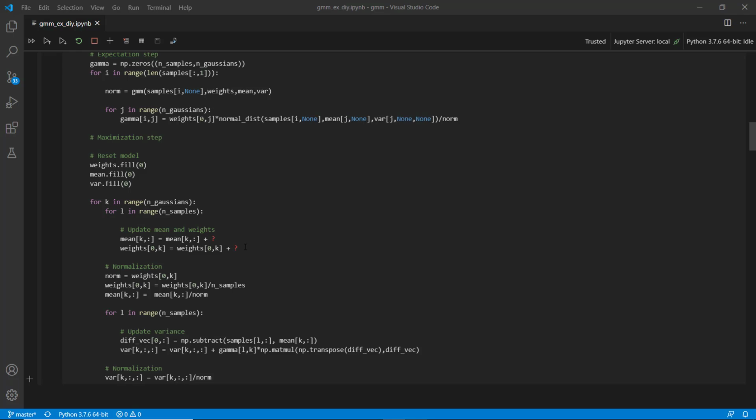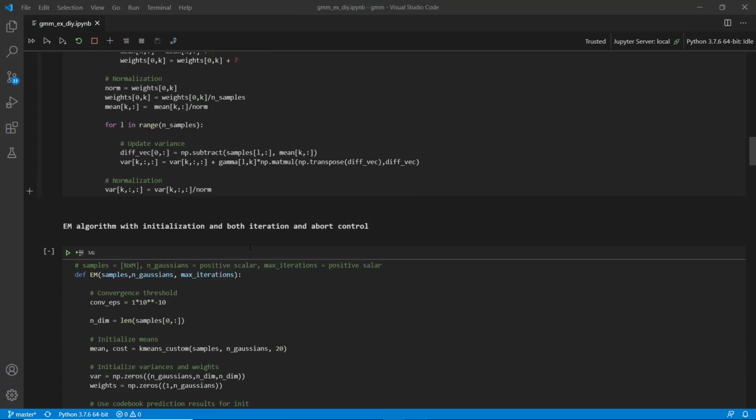And you also see question marks there. So please figure out how you use all the quantities you have with the classification probability to actually do the maximization update. Please also look ahead. We have a normalization there, so make sure that you complete the function in the correct way.